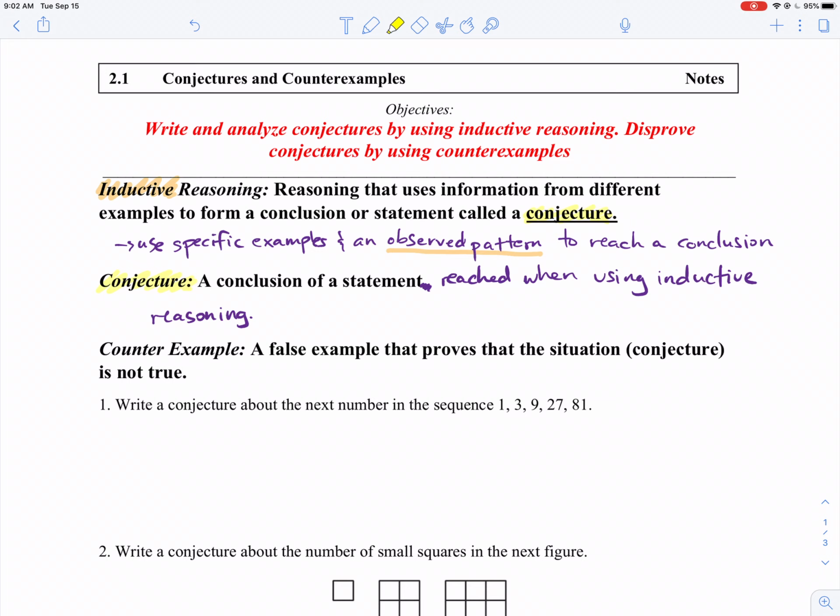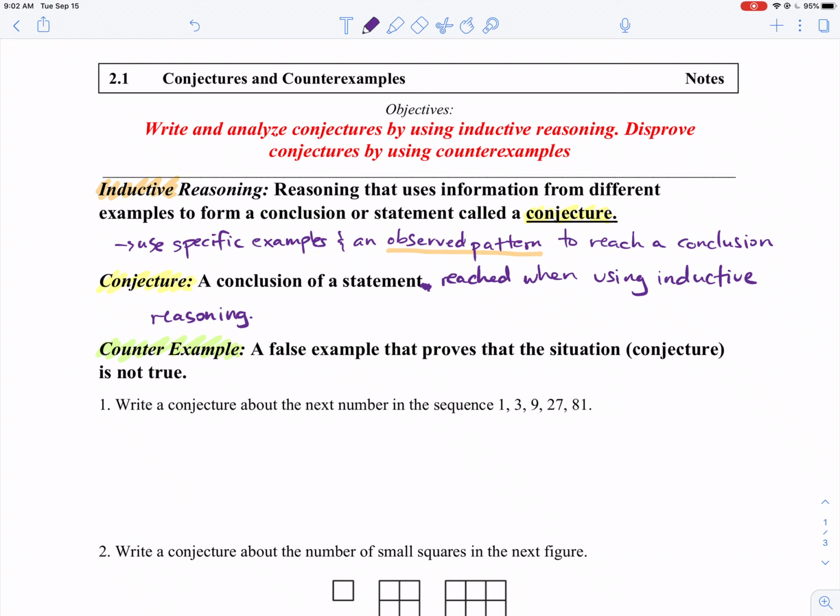But sometimes someone might say, well, I've lived in Florida before and I saw that it did snow one time in 2016. And so we would call that a counterexample. The book says counterexamples are a false example that proves a situation not to be true.